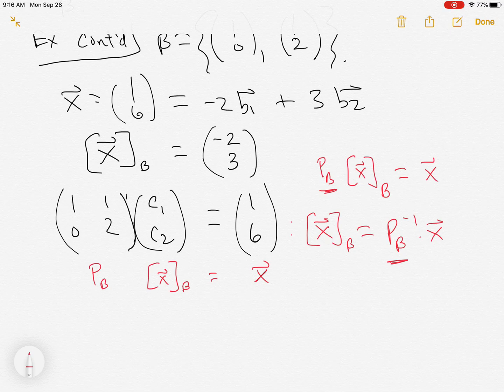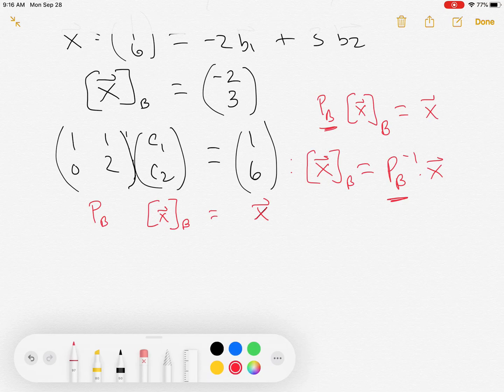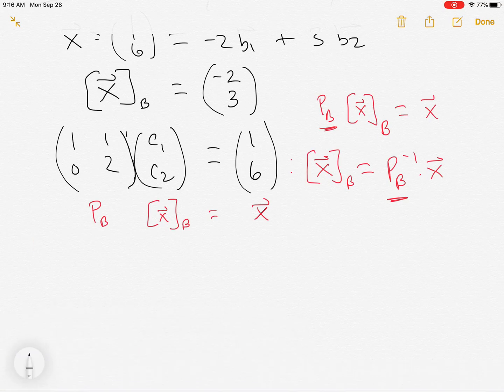Okay, well, that leads to another theorem, and this is the one we're going to use the most.